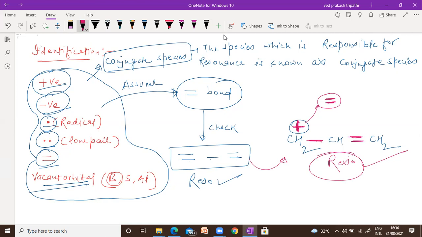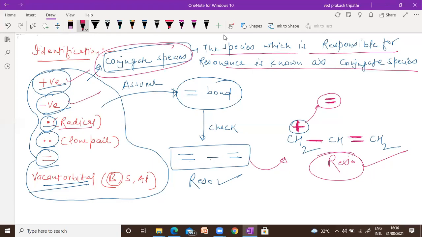Listen to me again. The species which is responsible for resonance is known as conjugate species. And conjugate species are positive charge, negative charge, radical, lone pair, double bond, and vacant orbital.